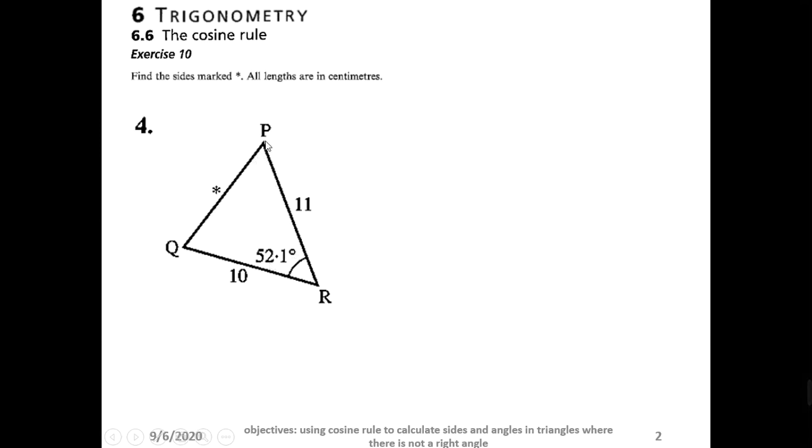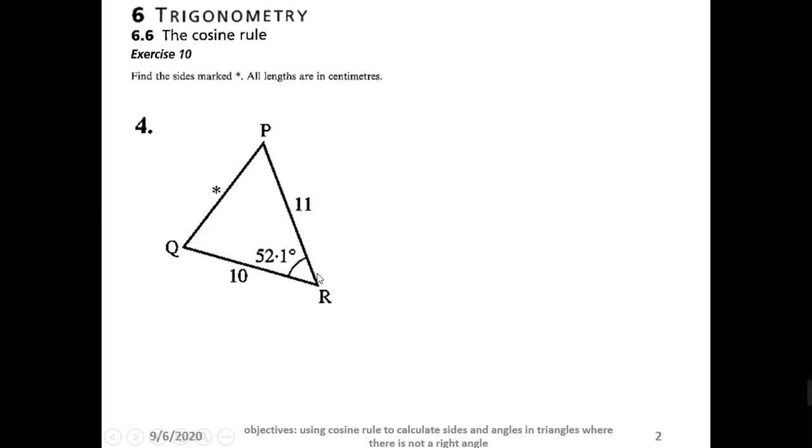Now, PQR, angle P capital and side P small is actually equal to 10. Angle Q, so Q capital, is unknown. The side that is opposite to angle Q is 11. So 11 is equal to Q small.